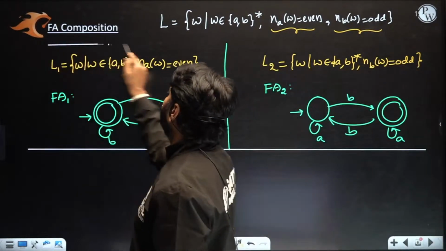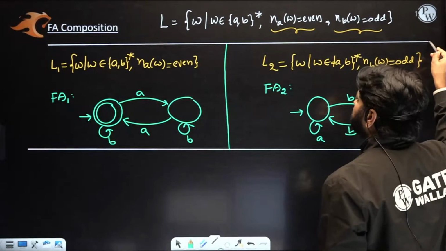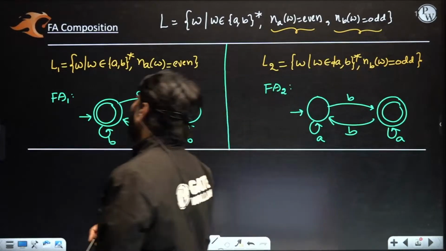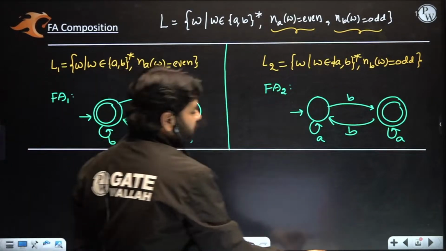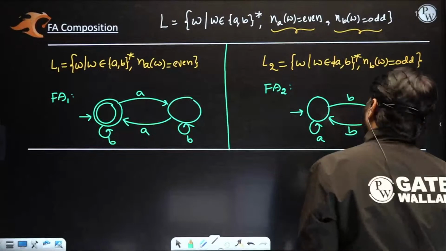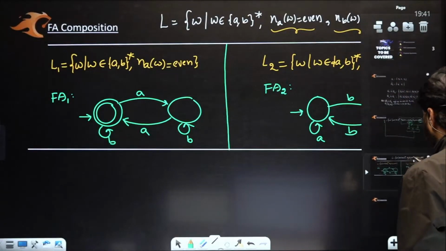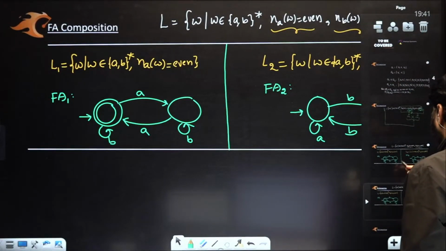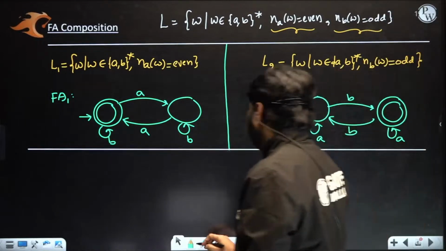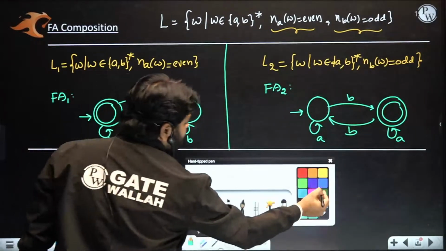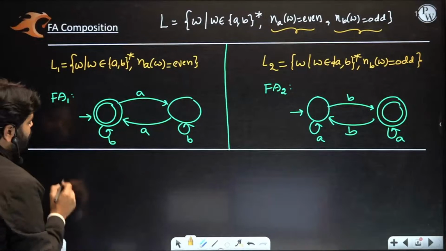Right, we divided the problem into two subproblems. Now what is the meaning of, let me copy this multiple times so that I can use this. Okay, so now what is FA1 cross FA2?